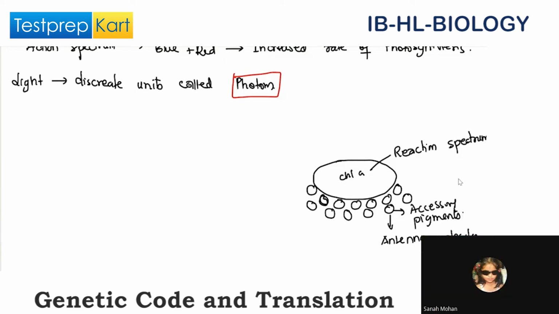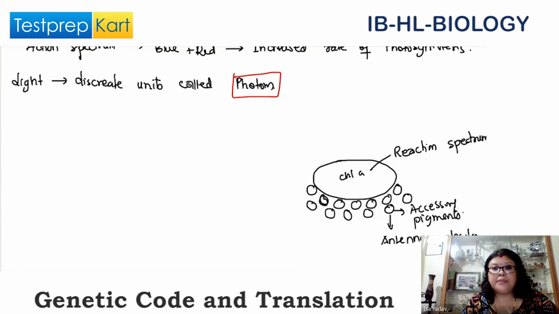Now what happens? Light energy falls on these molecules, not on chlorophyll A directly. It falls on the accessory pigments or the antenna molecules.